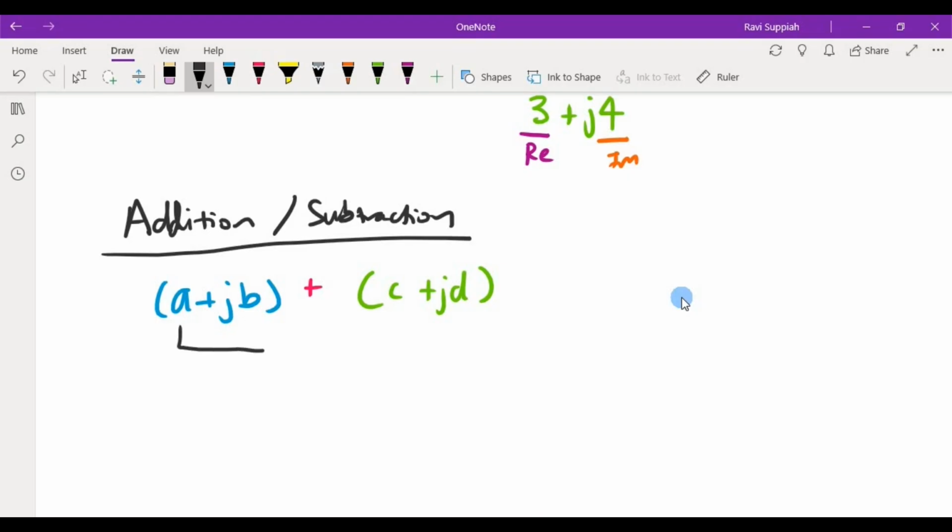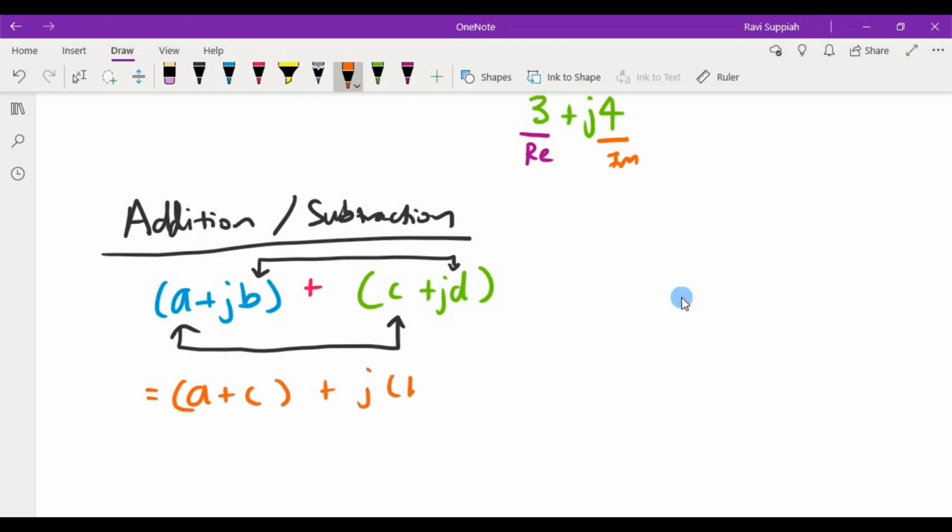In this case you have a and c as the real parts, and b and d as the imaginary parts. So that will bring us to a plus c, added with j, b plus d.